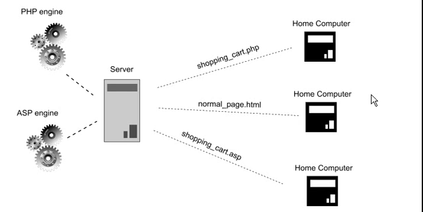So let me try to clearly define what the client side is. The client side is the computer that's making requests of the server. Think of a client of a store. It's a nerd term, but essentially when you're talking about client-side programming, you're talking about programming where the engines run on the client computers, or on the home computers.